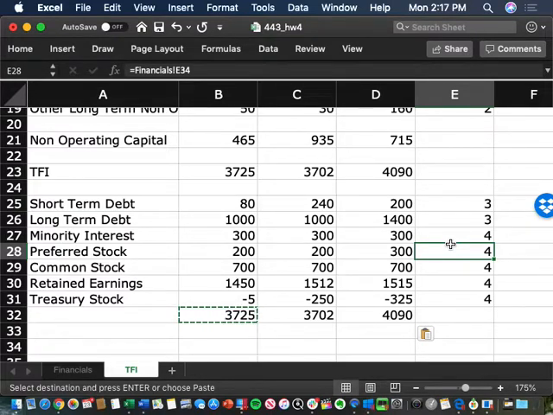Now, the other category is called treasury stock. Treasury stock occurs when a company repurchases its own shares. When you issue the shares, common stock at par value and additional paid-in capital, it's book value. But when you repurchase your own shares, you repurchase them at a market price, at a market value. So when a company buys back its stock, it goes out of circulation.